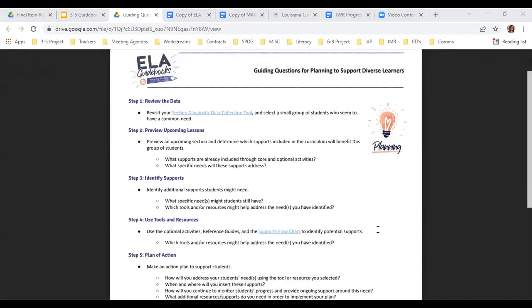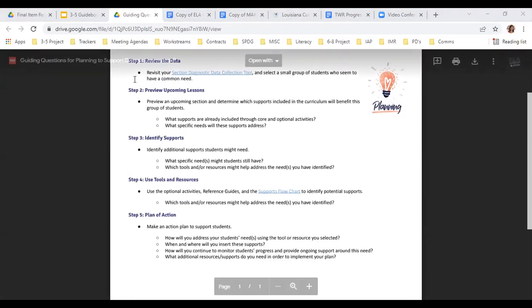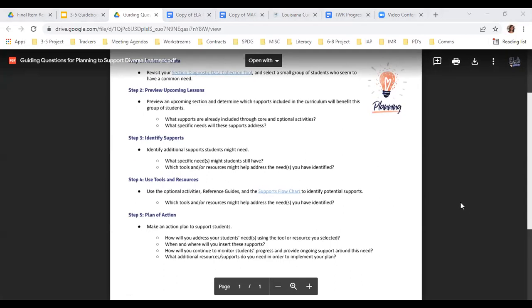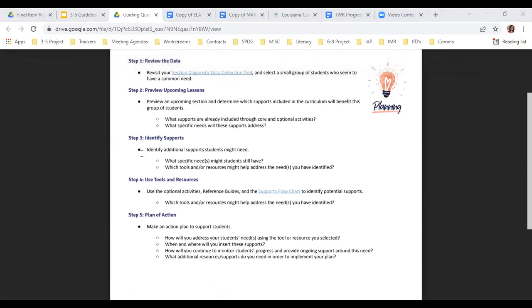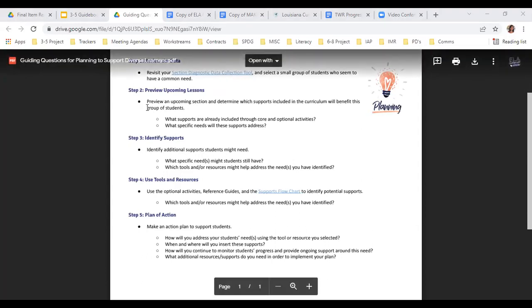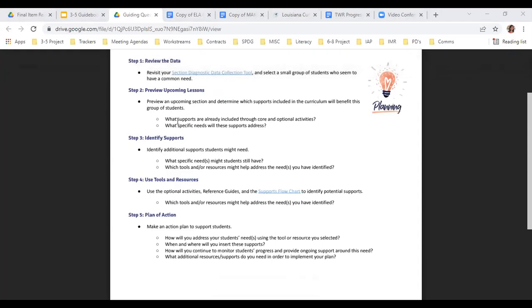You can see that it goes through all of those supports that we just talked about previously, looking at the data, filling in all of the opportunities that you're noticing from your student samples in that data collection tool, previewing the lessons, internalizing the lessons, and understanding which core and optional activities are going to help your students access those texts and build the content knowledge as needed.